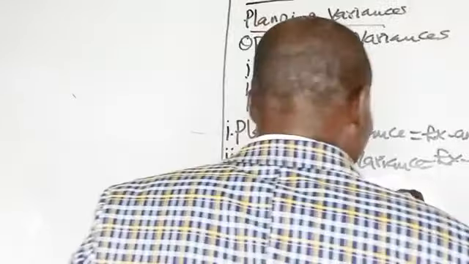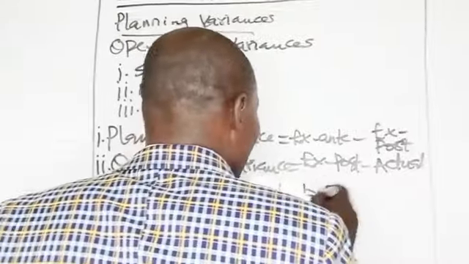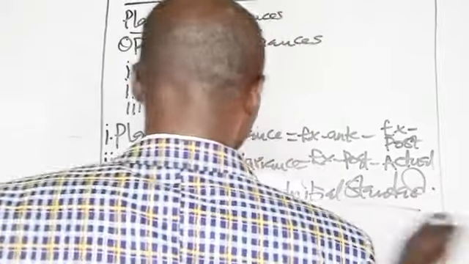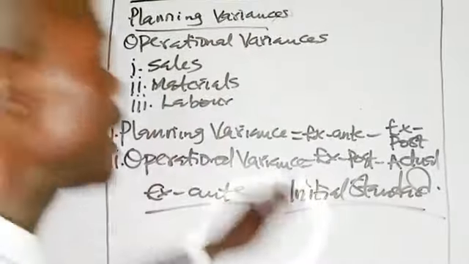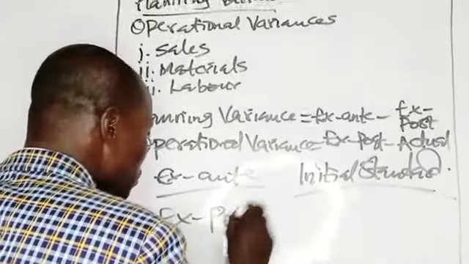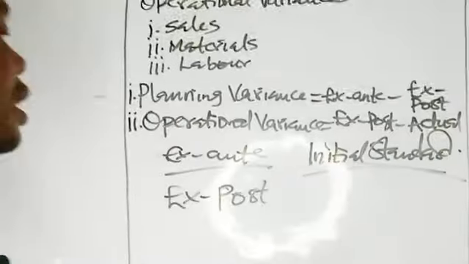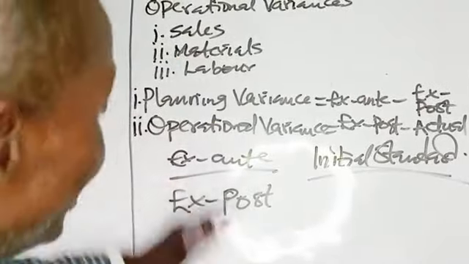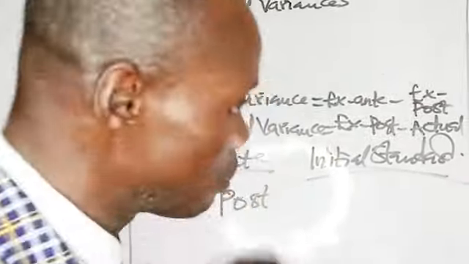That is your initial standard. While the latter target set is called ex post. Ex post is your later standard. That is said to be the ex post.